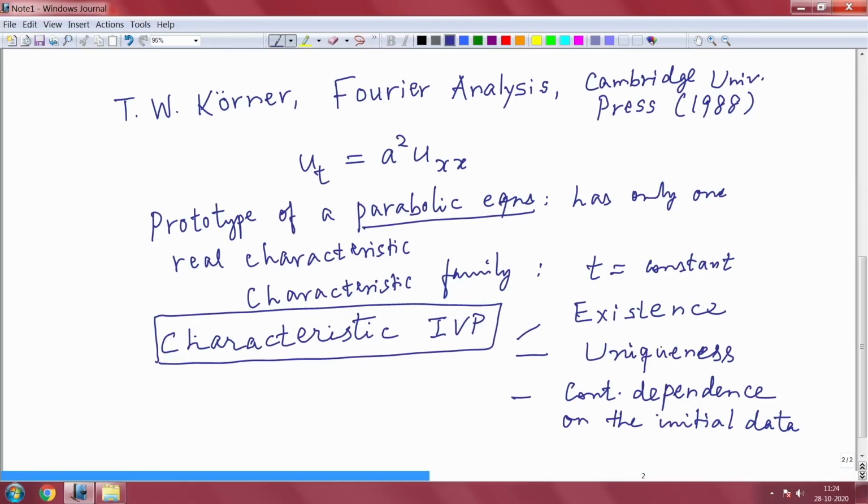Even for existence or uniqueness, some additional hypothesis may be required.